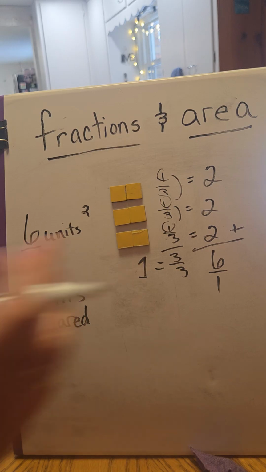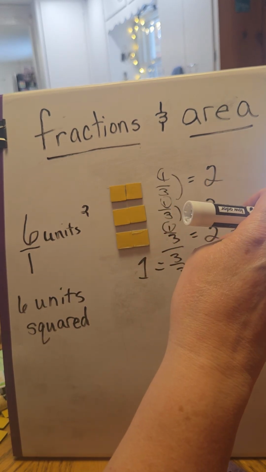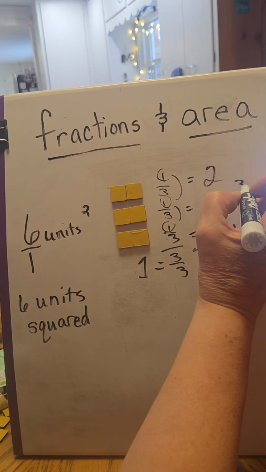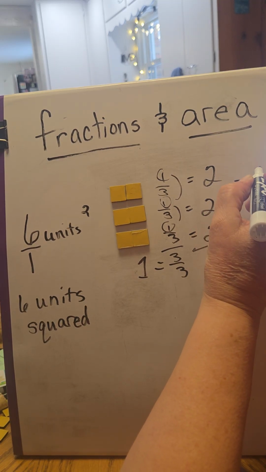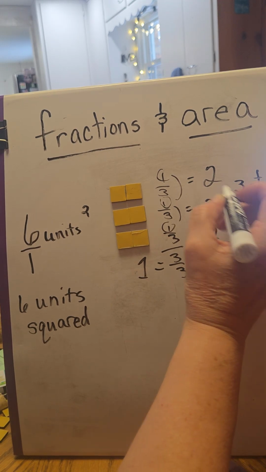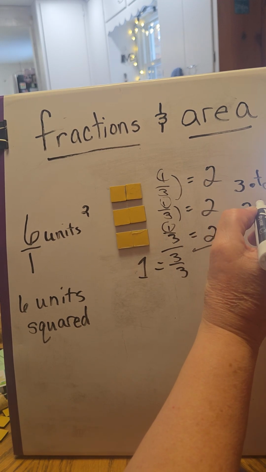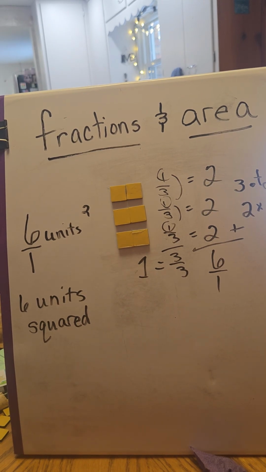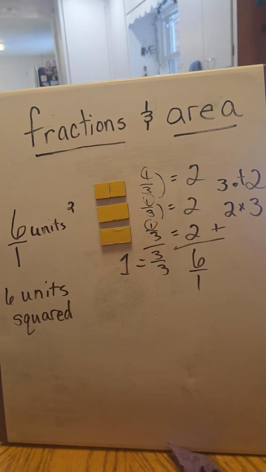Well, that's repeated addition. I have 3 groups of 2. Or I can have 2 3 times. Hey! Oops. There we go.